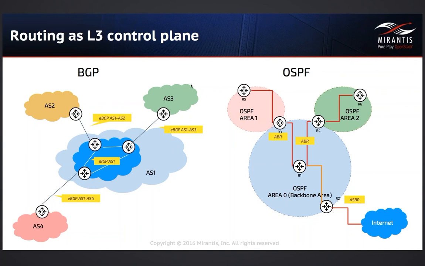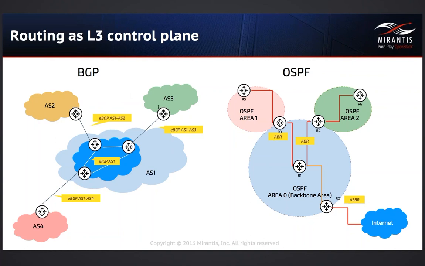Then we have the second protocol called BGP, which is designed to exchange information across autonomous systems. So when you have two networks under two different administrations, you can use BGP to exchange information about subnets which are reachable on your network or other people's networks.